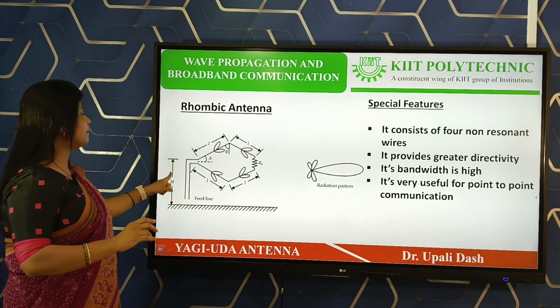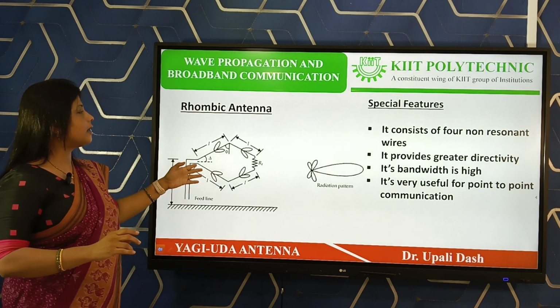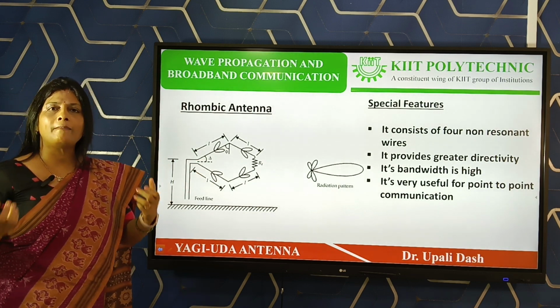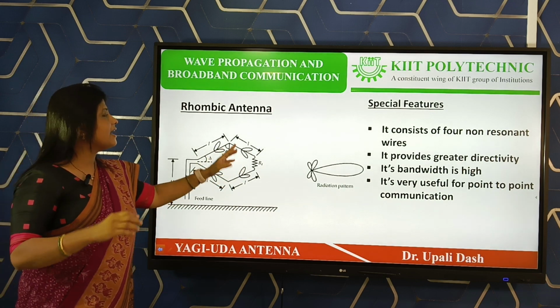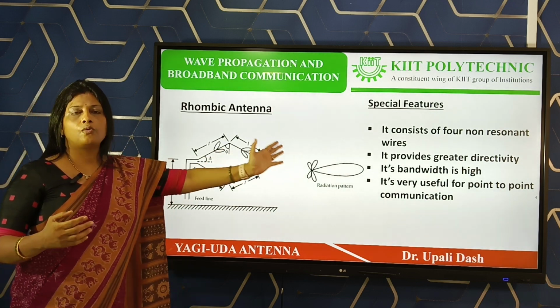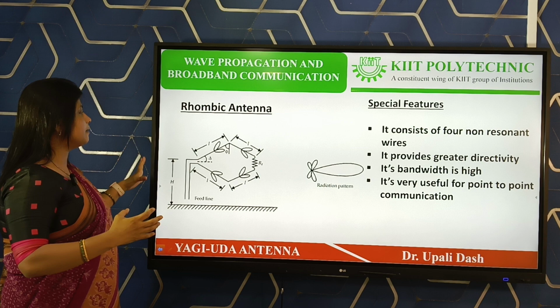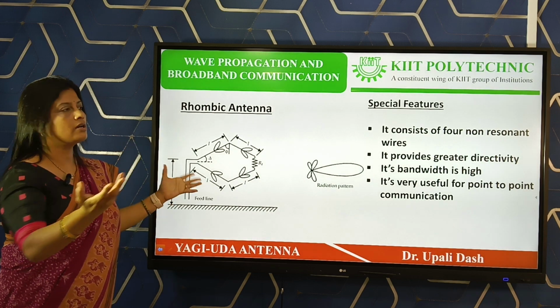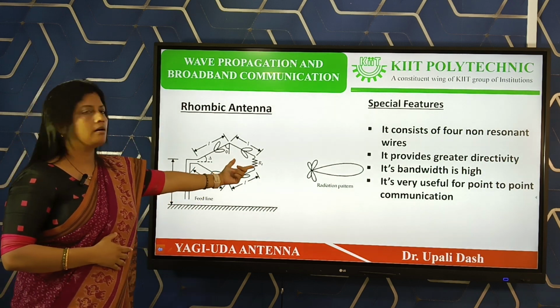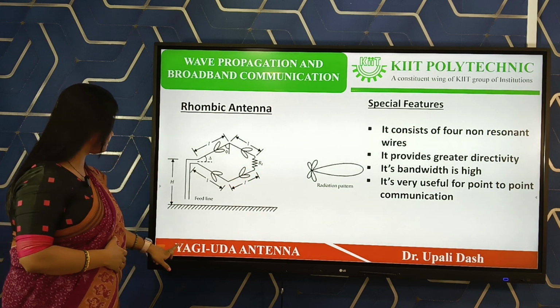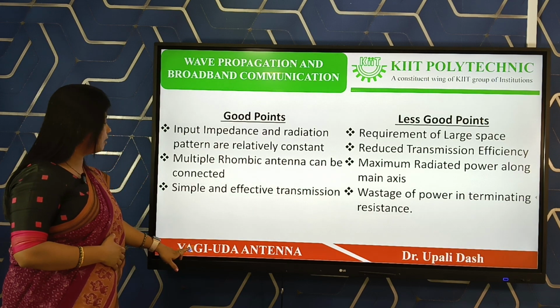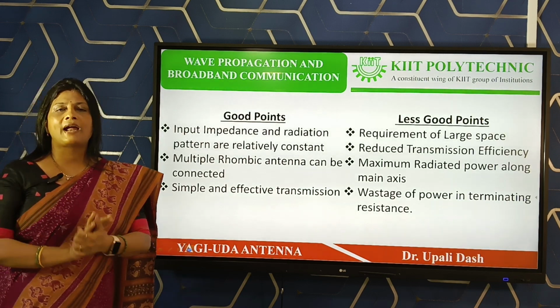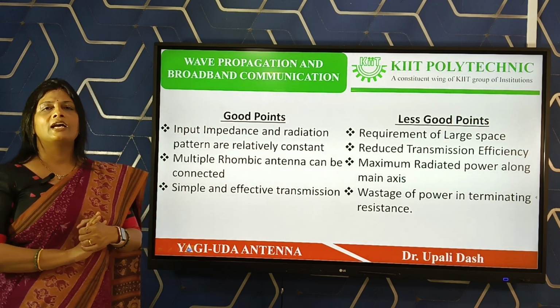Means if it is sending 0.25 milliwatt, then maximum power is absorbed in the load, and the rest is being radiated. So we have to have much transmitting power to have better radiation because the signal is lost in the terminating resistance. So these are the good points and bad points or less good points in the rhombic antenna.